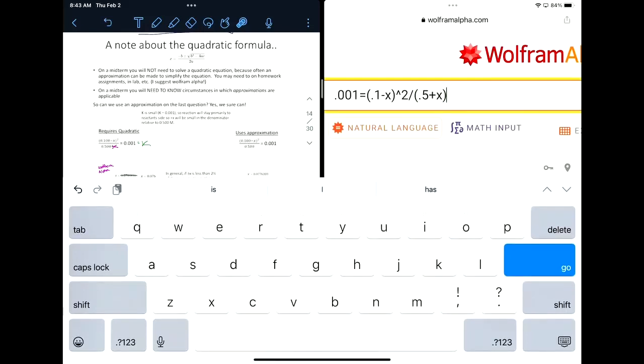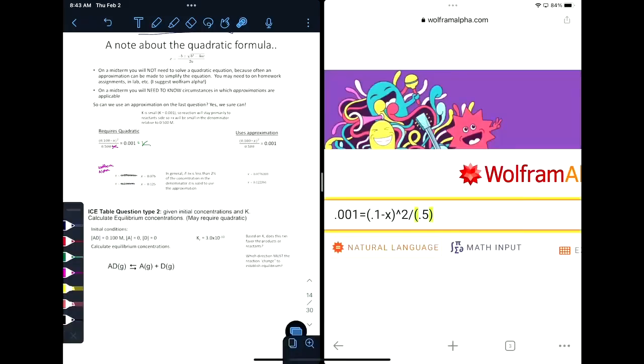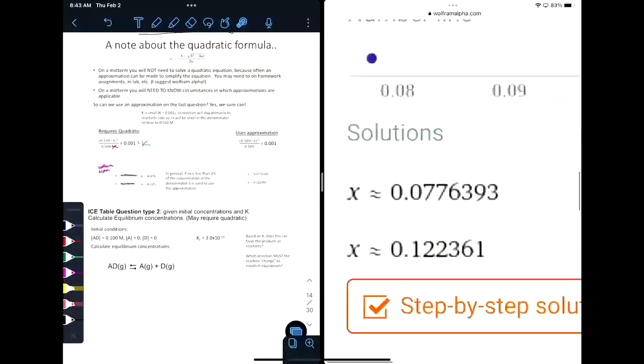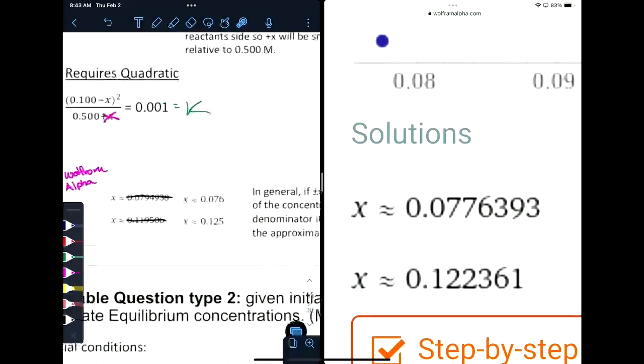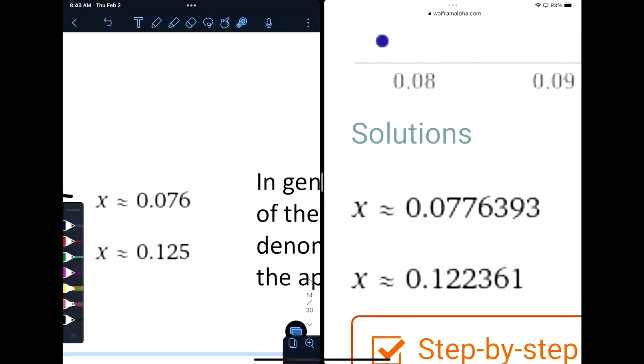So I do it in the quadratic form on Wolfram Alpha, and then I do it again where I just delete that plus x at the end and solve again. If you look at the answers, are they too different from the ones we originally got? No, they're not super different.